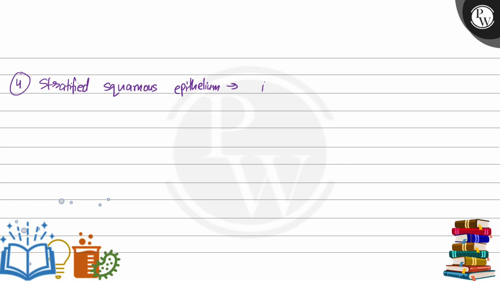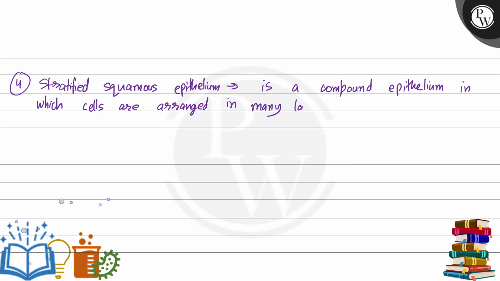Stratified squamous epithelium is a compound epithelium in which cells are arranged in many layers, one above the other.